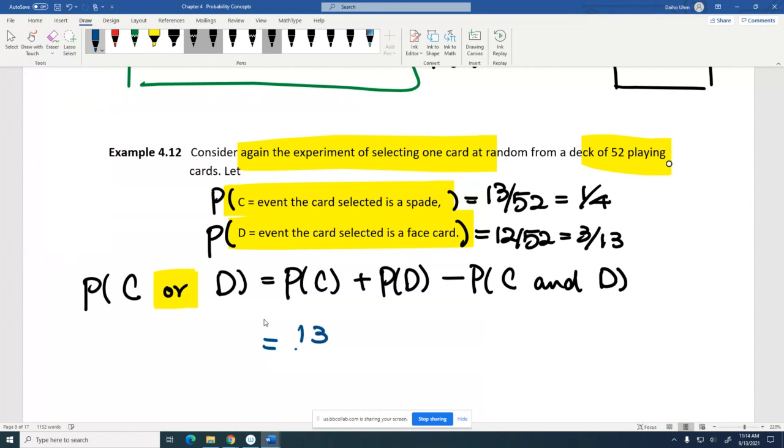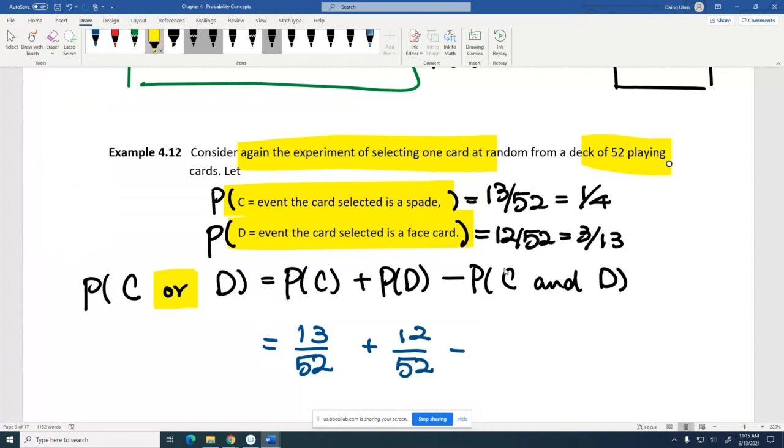C was 13 out of 52. Let me use the probability out of 52 because finally we have to take the common denominator, right? So I just take the 13 out of 52, 12 out of 52.